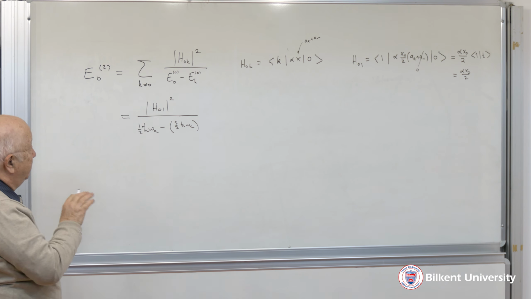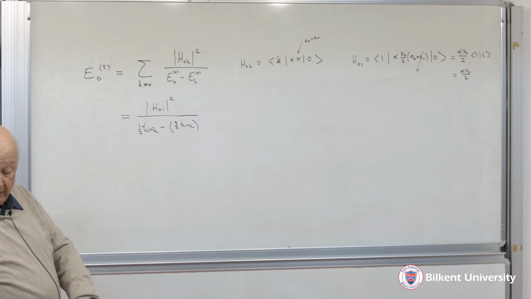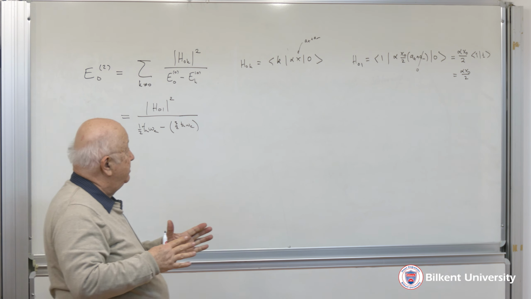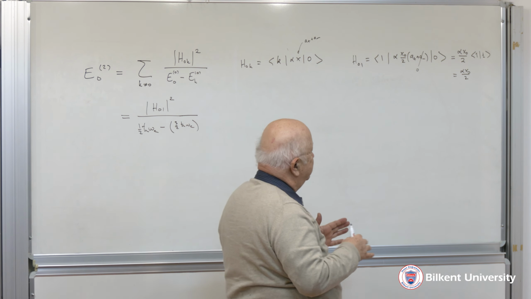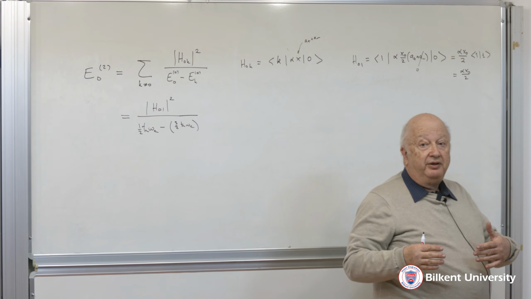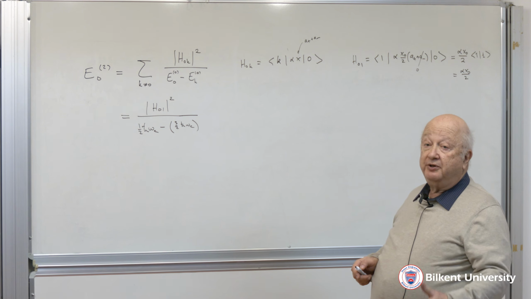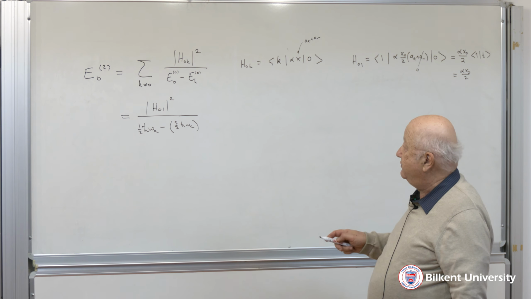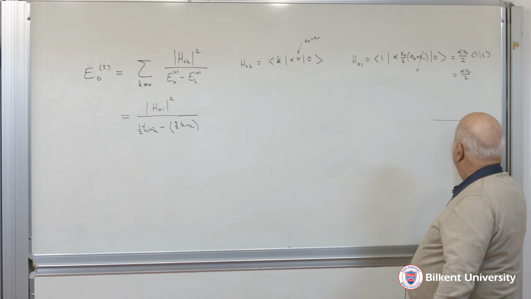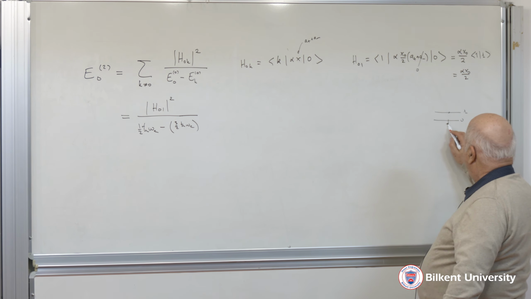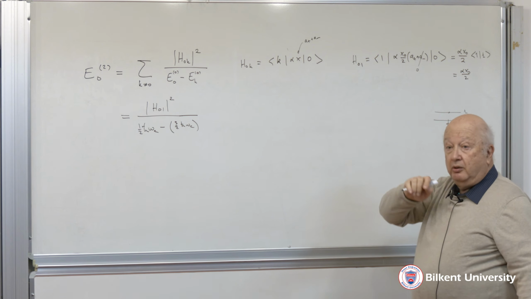This is something we talked about earlier. In second order perturbation theory, the other states tend to push the energy in the opposite direction. In this case we have the ground state, and this state 1 is pushing the ground state lower.